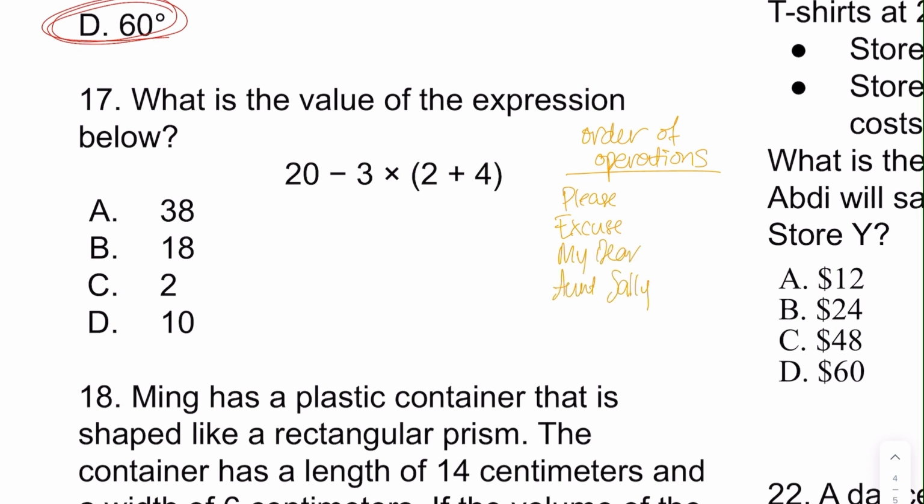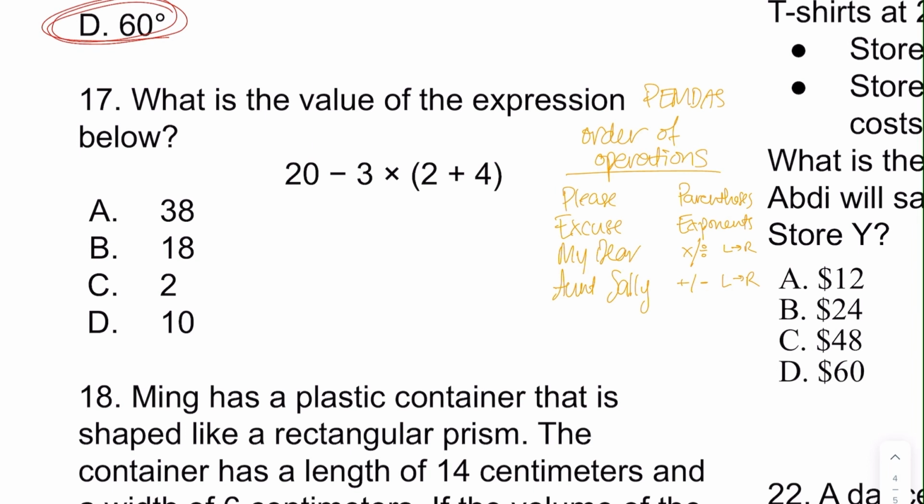You can use that mnemonic device to figure out its parentheses, exponents. After exponents, you'll do multiply and divide, left to right. And then finally for Aunt Sally, that's add and subtract, again, left to right. So this is the order of operations, or PEMDAS.